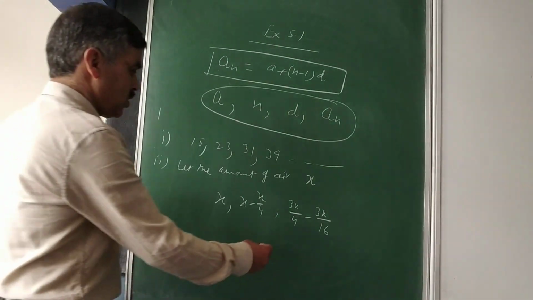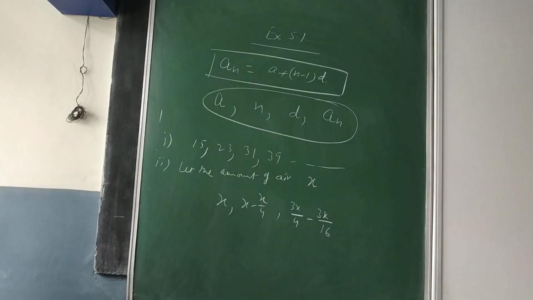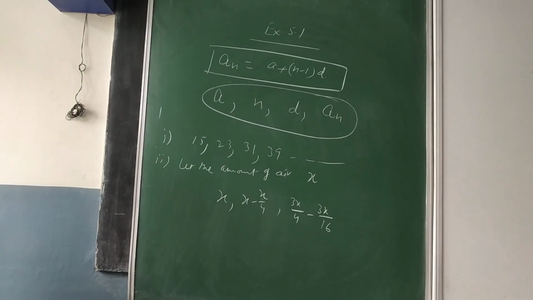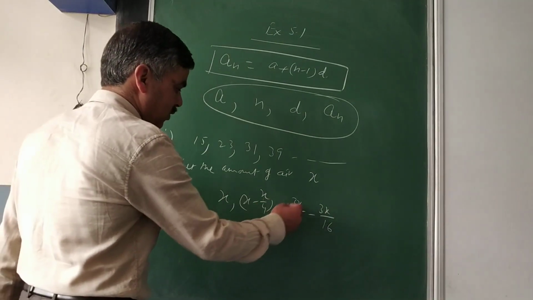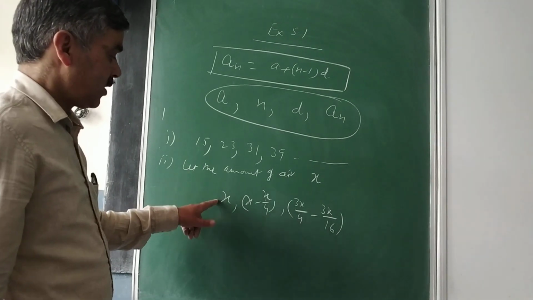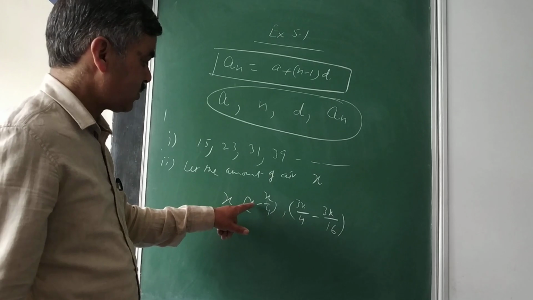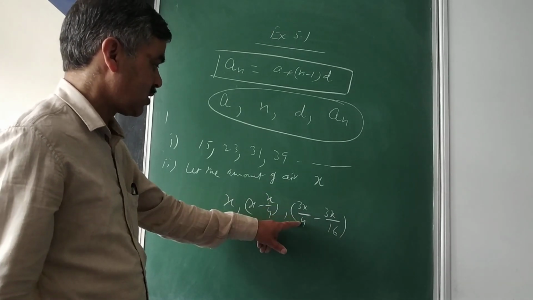So first will be your x, second will be your x minus x upon 4, and third will be your 3x upon 4 minus 3x upon 16. So three terms I have written for you here. It was x in the beginning, so when 1/4 of x was removed, it becomes x minus x upon 4, and the result for this is 3x upon 4.